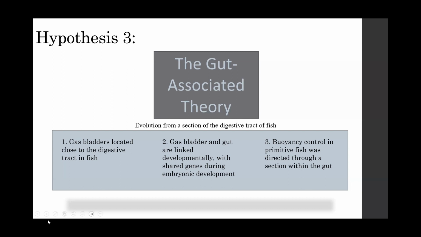So our second source explains that the gas bladder and gut are linked developmentally with shared genes during embryonic development, essentially suggesting that during the time of development in the fetus or in the womb, the genes that promote the development of these organs are shared in early stages, potentially displaying a link to how the gas bladder became its own organ itself.